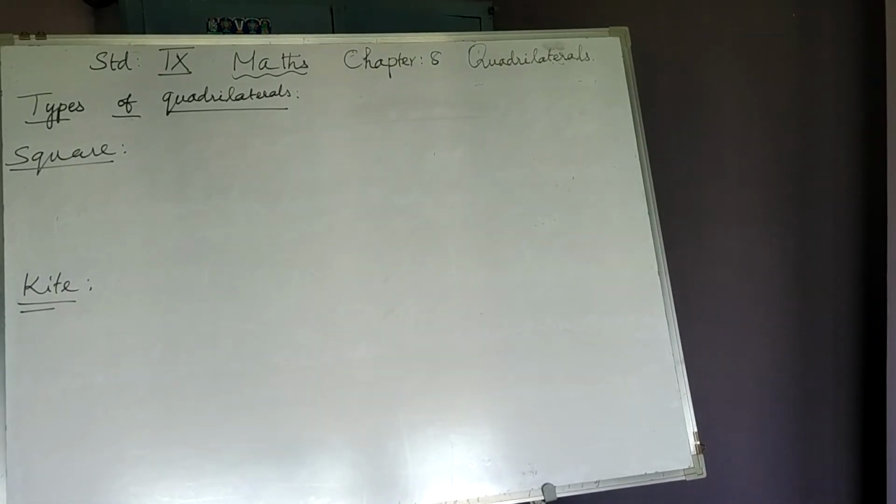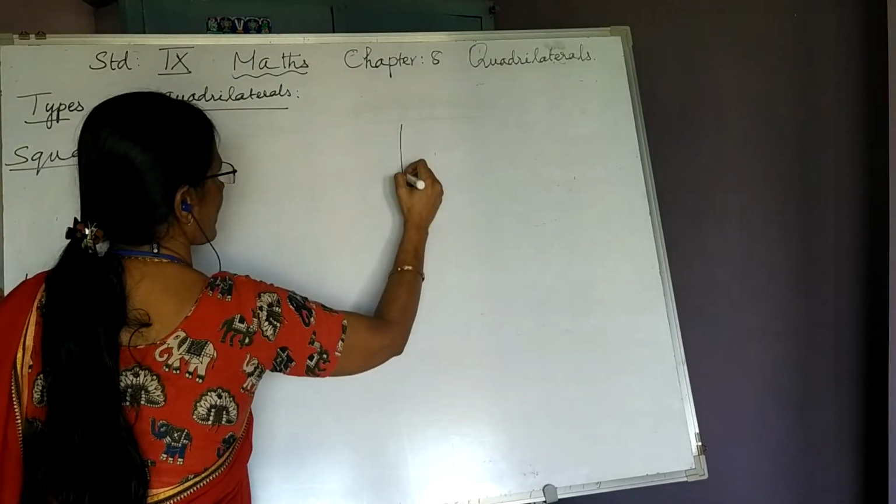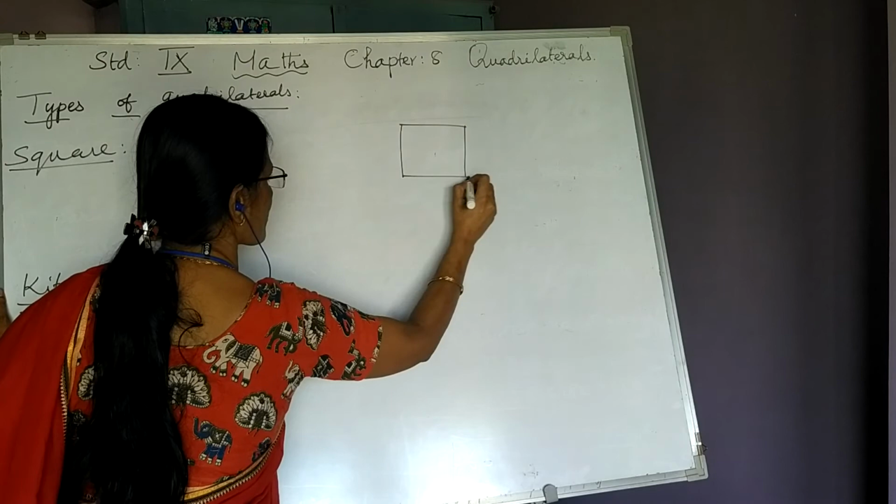The next type of quadrilateral we are going to see is square. Square. We can recall what is a square.